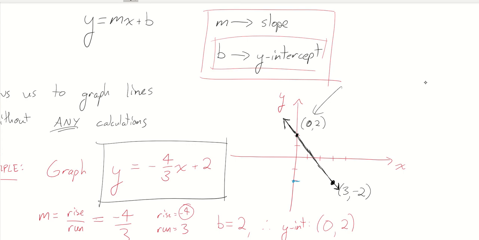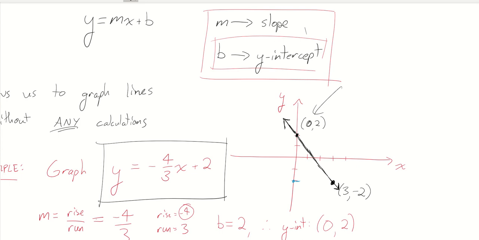This will take you a while in the beginning if you're doing it carefully, and you should be doing it carefully in the beginning. But after a while, this will be much quicker than actually calculating inputs and corresponding outputs. Also, it will give you more power in later math courses if you are able to leverage your understanding of y-intercept and slope.